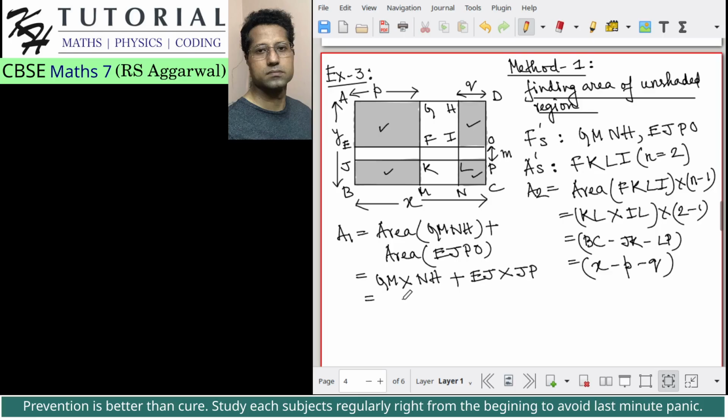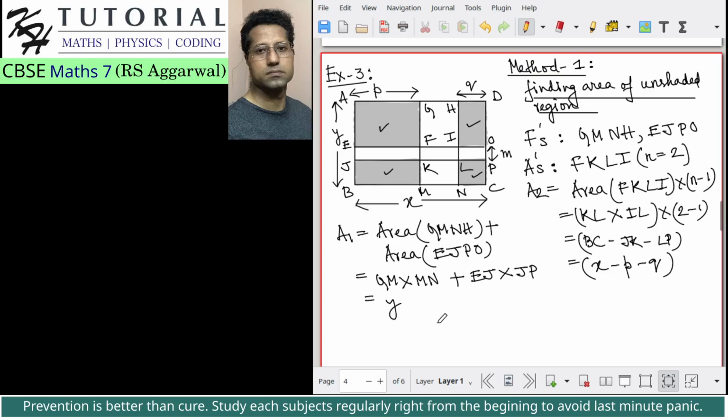GM is the width of the enclosing rectangle, which is Y. Sorry, the area of the rectangle GMNH will be GM multiplied by MN, not NH, but MN.